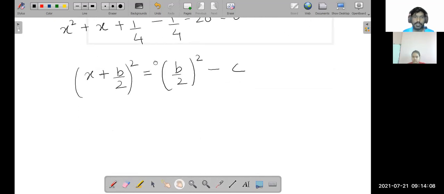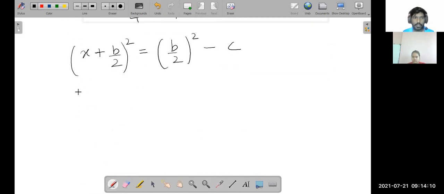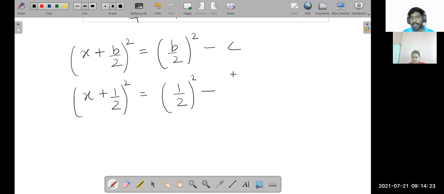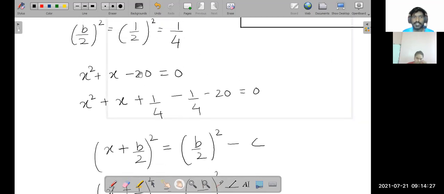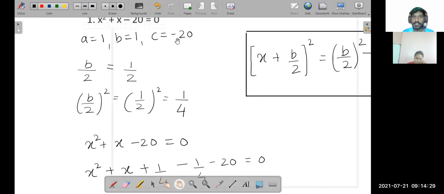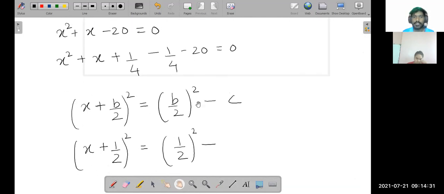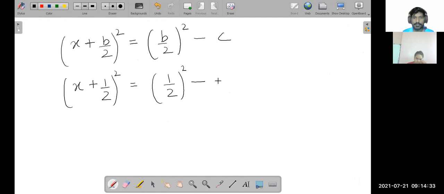So I'll just substitute here 1 upon 2. So x plus 1 upon 2 whole bracket square is equal to 1 upon 2 whole bracket square minus c. What is the value of c? c is minus 20 here. So just substitute minus 20 here.